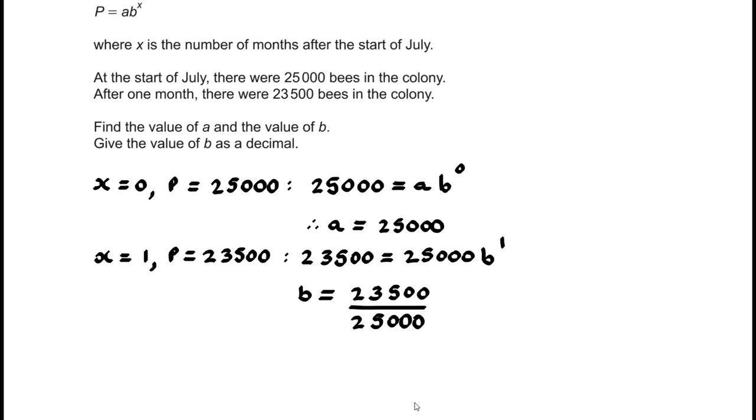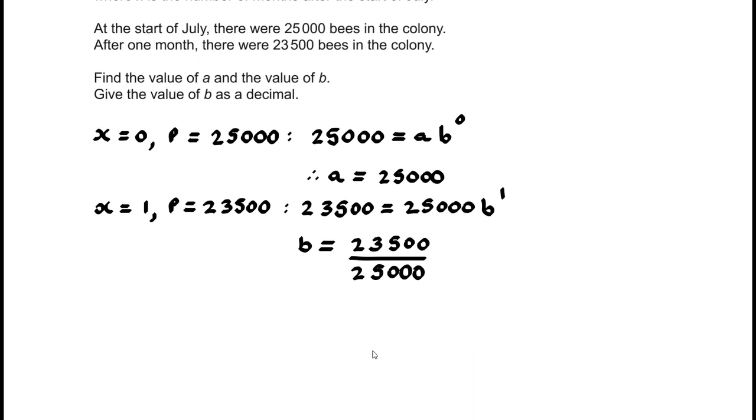So what I need to do is figure out how many 500s go into these. If I do 23,500 divided by 500, well, in every 1,000 there are two 500s.